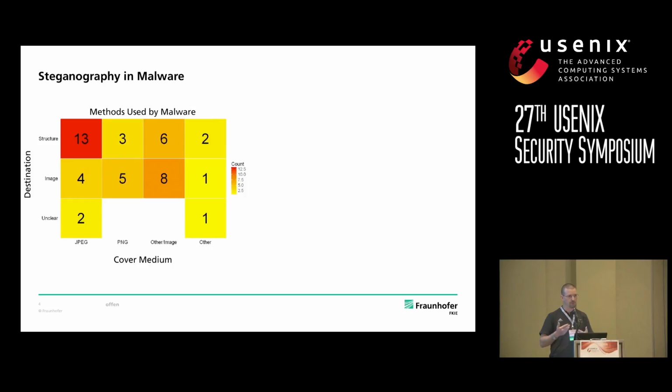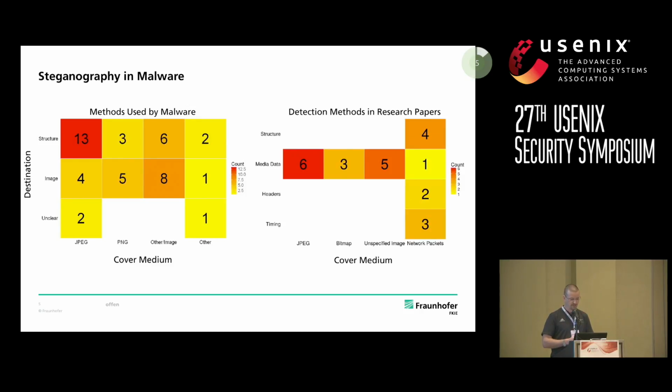We were thinking, okay, we must have been doing something wrong in our first survey. So we did a very large reiteration. We tried to broaden the scope and make really sure that we didn't miss anything. And it turns out that no, we basically caught the gist of it.